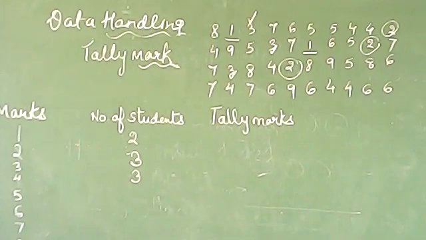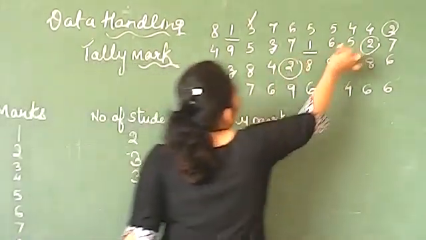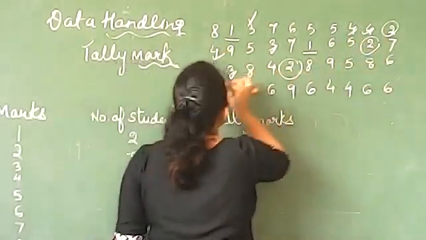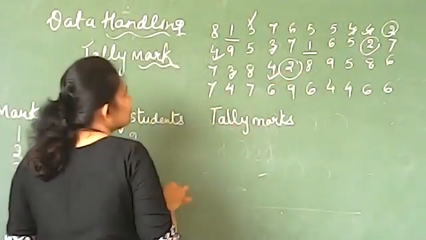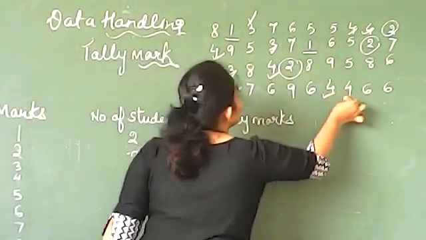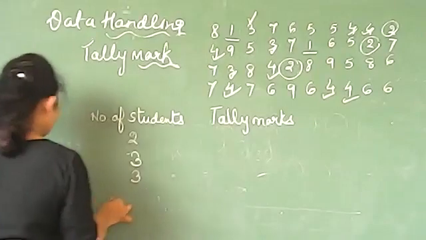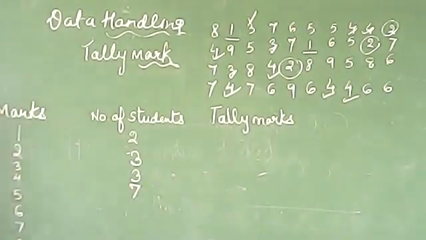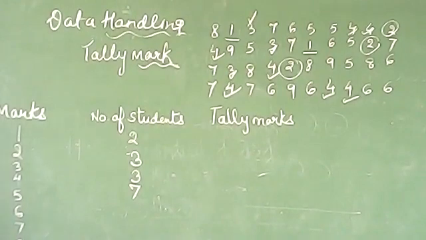Now 4 marks: 1, 2, 3, 4, 5, 6, 7. Now you can see 4 marks are here with 7 students.